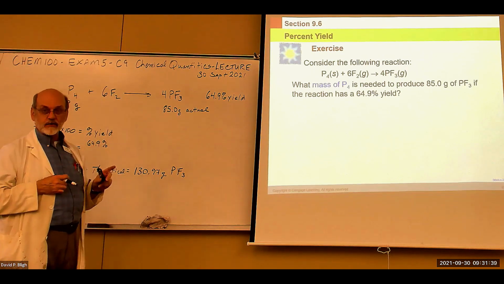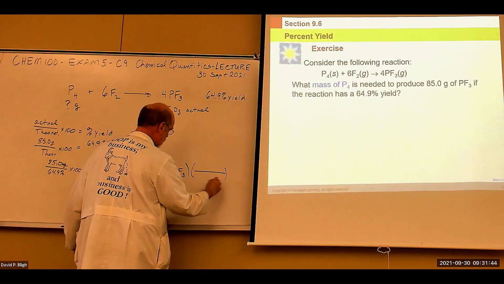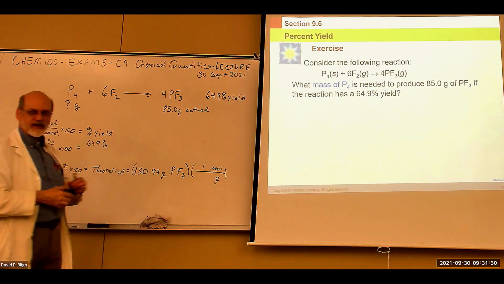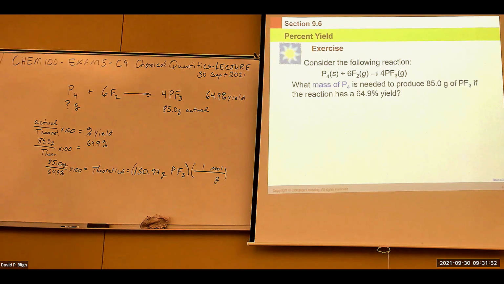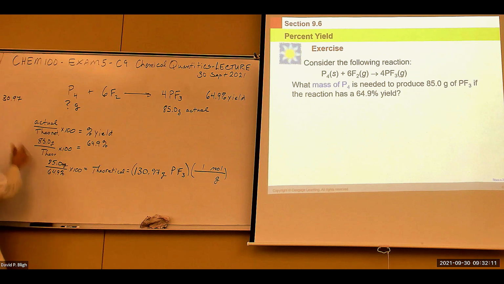Now we need to convert that to moles. So we need the molar mass of PF3. Grams here, moles there. So what's the molar mass of PF3? We have to add it up. Phosphorus, let's look up phosphorus: 30.97. And 3 fluorines. Fluorine is 19.00.